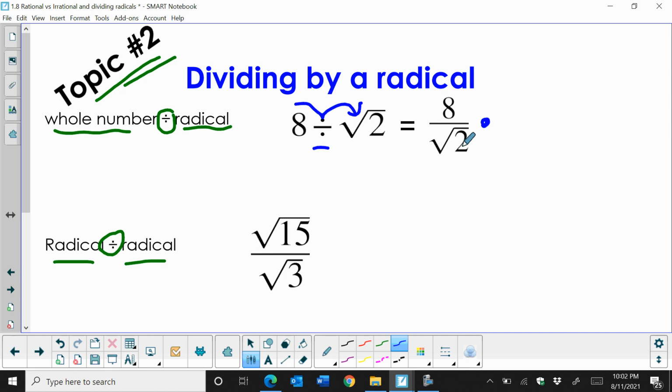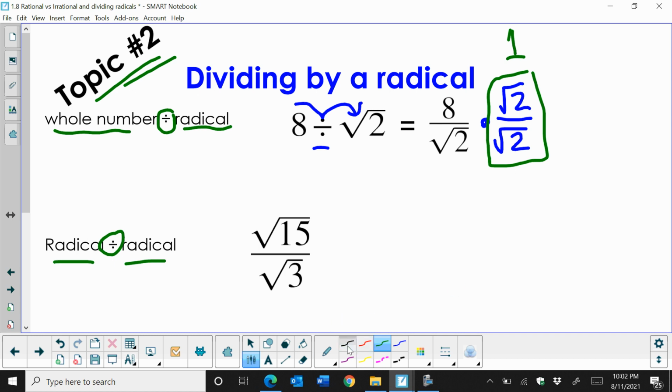So I'm going to take the denominator, and whatever the radical is, I'm going to multiply the bottom by the same radical. I'm also going to multiply the top by the same radical, because we know that anything over itself is 1. So what I'm doing is I'm multiplying by 1 in the form of whatever this bottom radical is over itself.